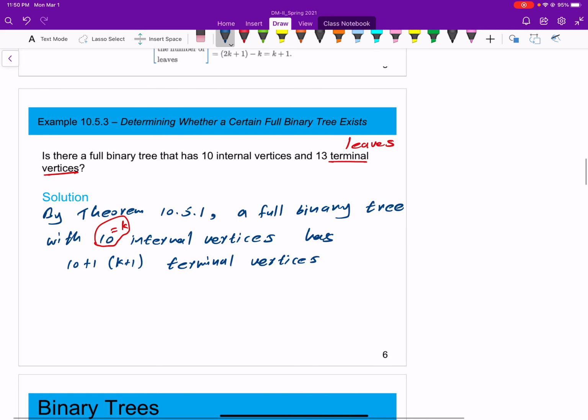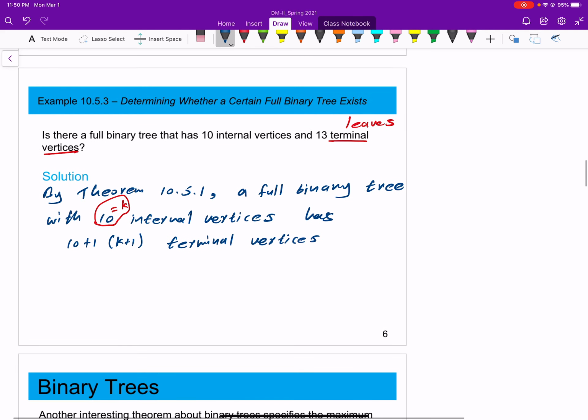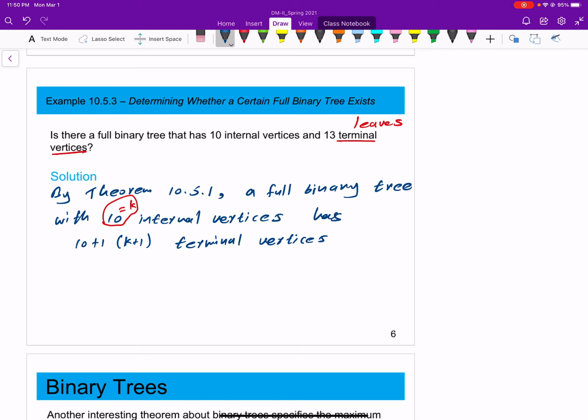It has 10 plus 1 terminal vertices, that means 11 terminal vertices. It says 13 terminal vertices, which is not true. There's no such tree which has 10 internal vertices and 13 terminal vertices. Then the answer is no.